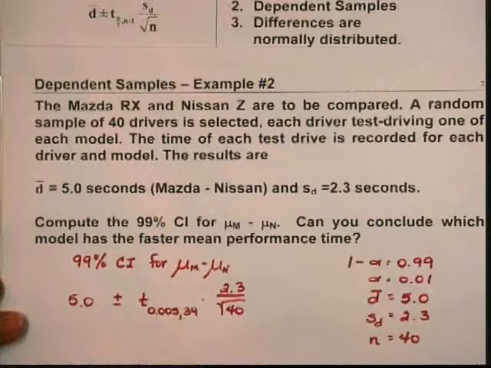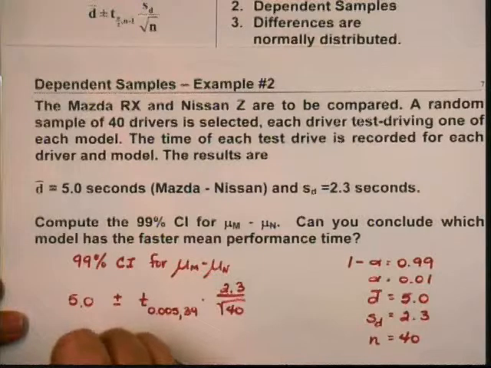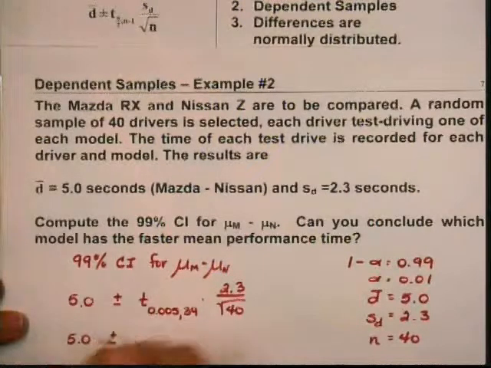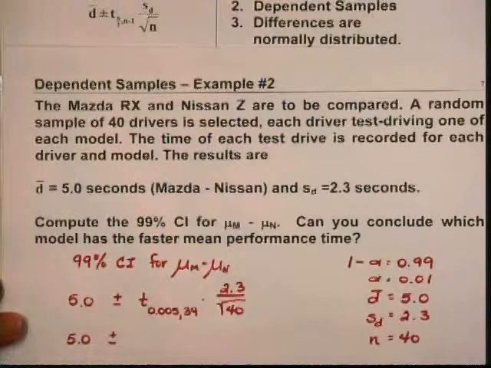What do we do next? Do we have 39 degrees of freedom on the table? No? Which one? So what can you use? You can use 35 or 40. You tell me which one you're using.